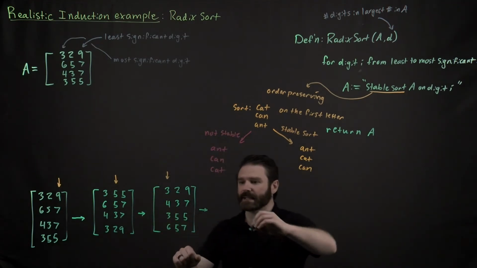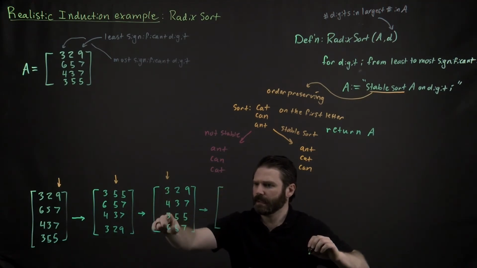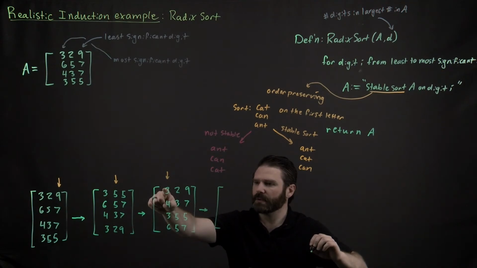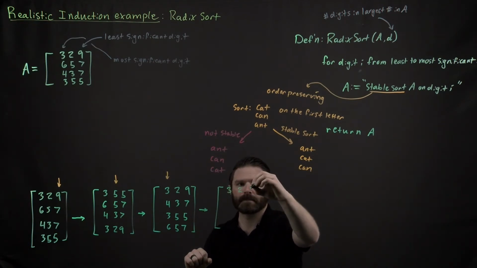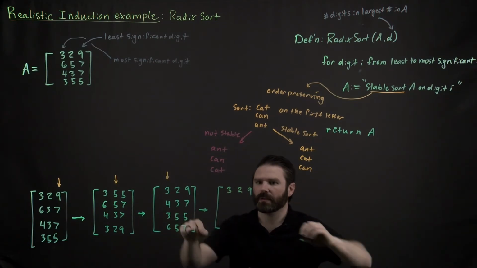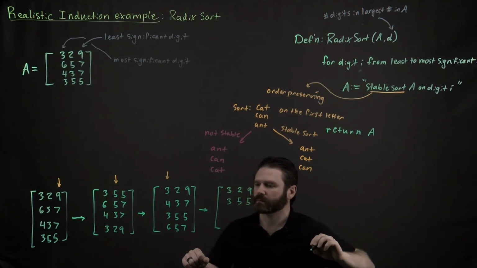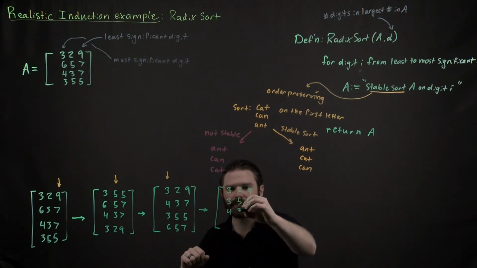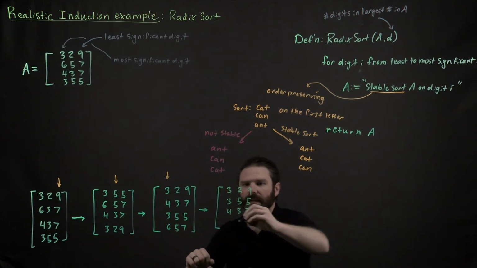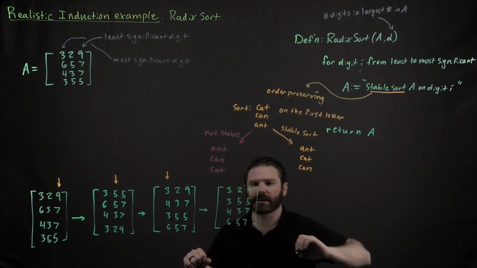If I did that, 3 is the smallest one, and it's a stable sort, so we're going to keep the 329 as the very first one, 355 as the next one, and then after that, 437, and then 657 right there.